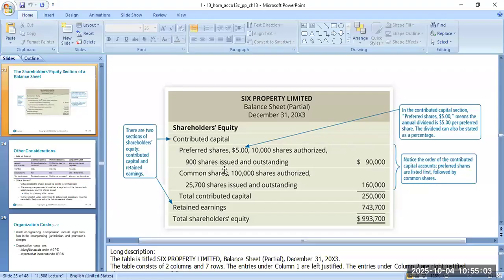That's why 900 are issued and outstanding. For the common shares, same thing. They're not getting fixed dividends, so there's no dividend here. But the company has 100,000 shares authorized, which means over the life of the company, they can issue 100,000 shares. Currently, they issued 25,700 shares, which are also outstanding. That's how we should interpret those numbers.